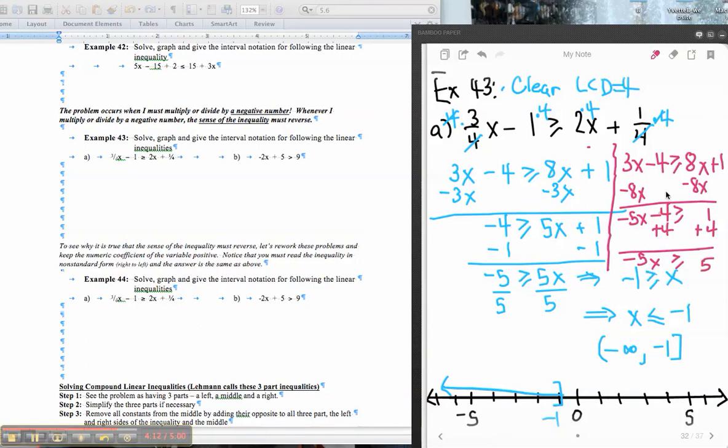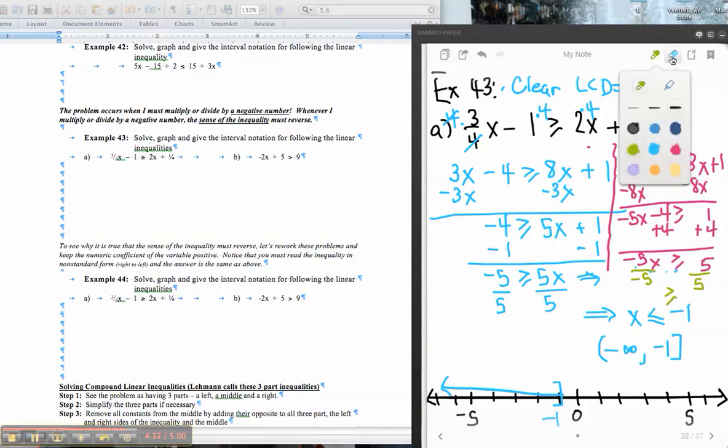And here's the defining step. My defining step this time is going to be that I have to multiply or divide by a negative. I'm going to do this in a different color. I'm going to do it in green to show you, watch what happens. I'm going to do this, and now I'm going to have to flip the sense of the inequality.